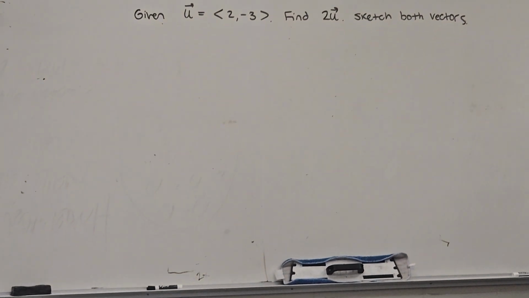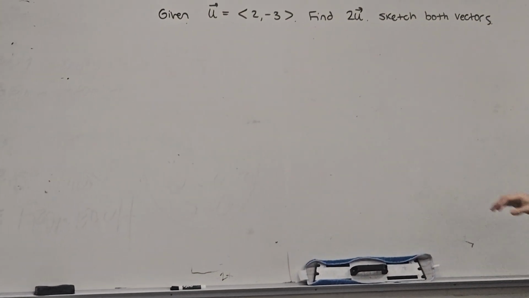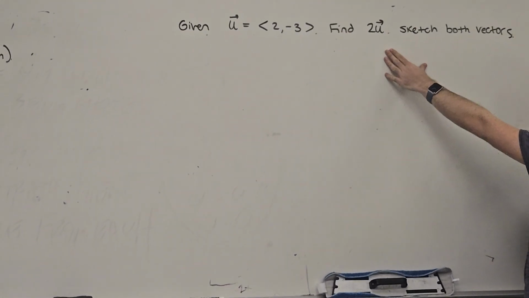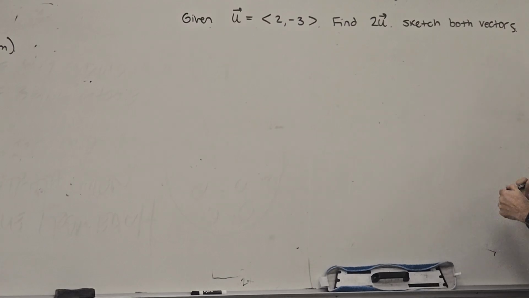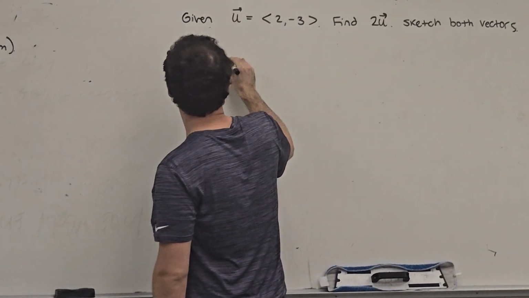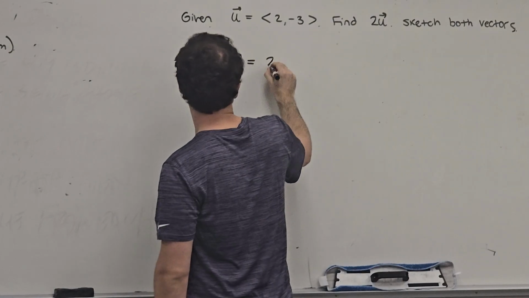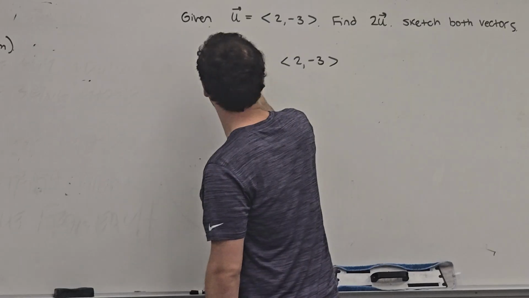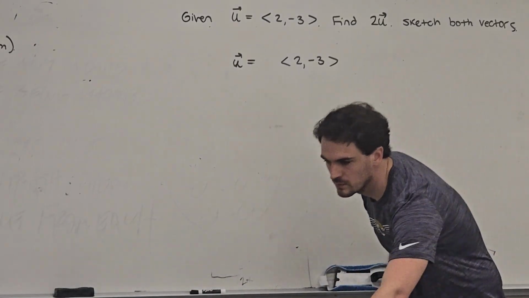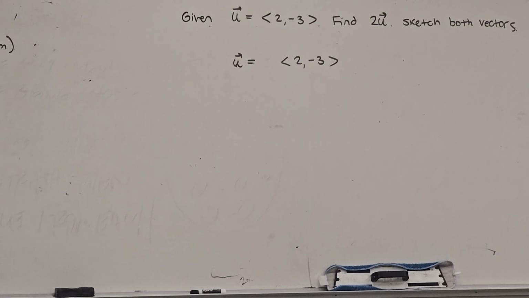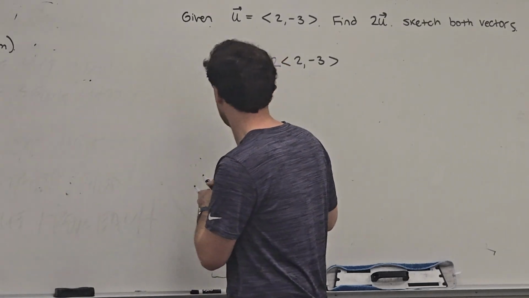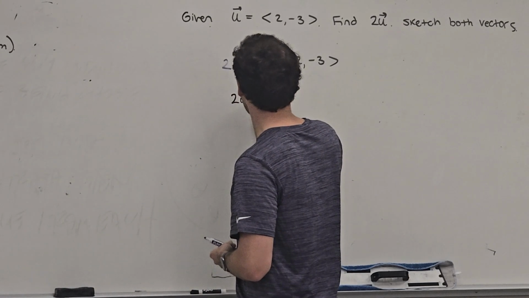This says given vector u, which is the vector 2, -3, find 2u and sketch both vectors. So we're allowed to scale vectors, meaning multiply by some constant. So if I multiply my vector u by 2, turns out it's not too bad.